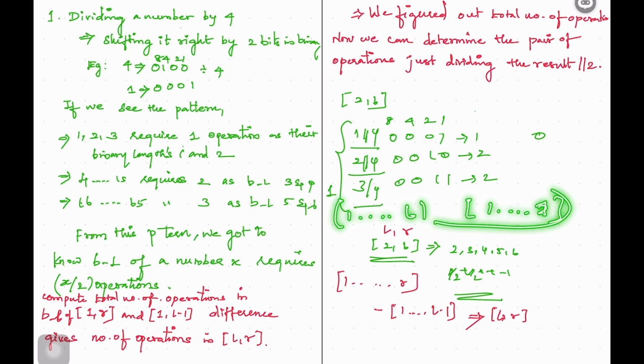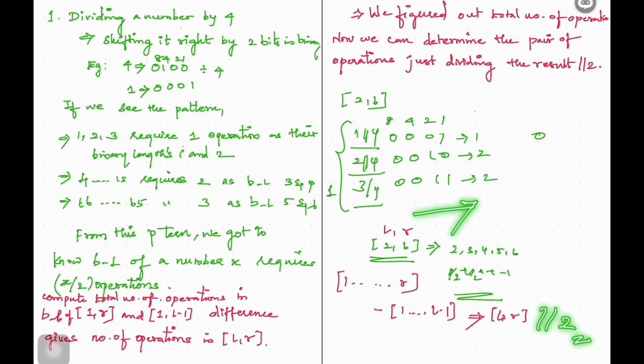If you subtract these, you will get the number of operations for 2 to 6. After getting the sum of the operations, we divide by 2, because the question states that at a time you can take two numbers. I hope this makes sense.